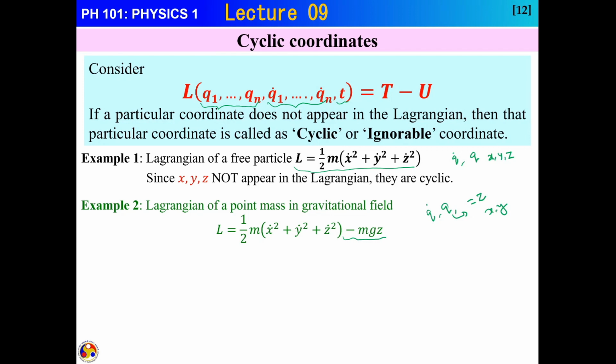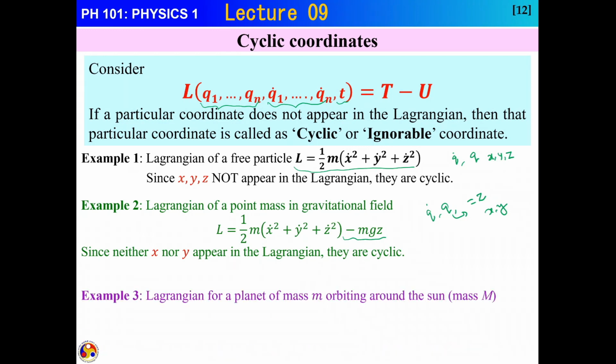So we can simply say that since neither x nor y appears in this Lagrangian, x and y can be said to be cyclic. A cyclic coordinate must not be disturbing or participating in the equations.